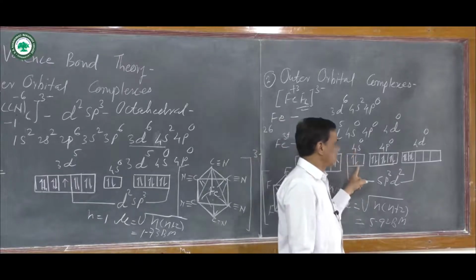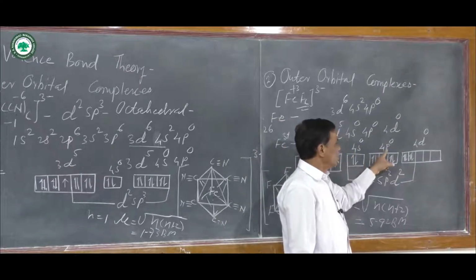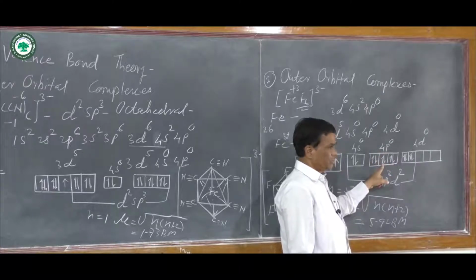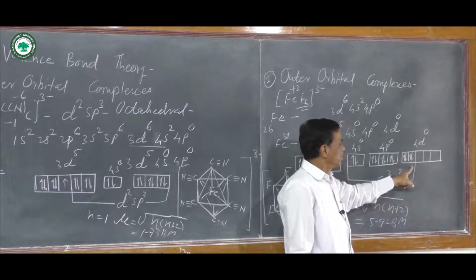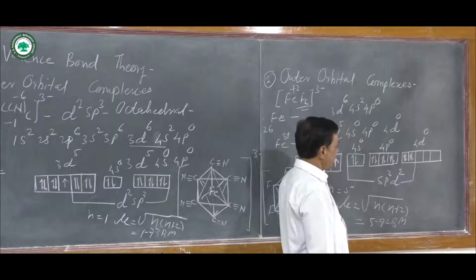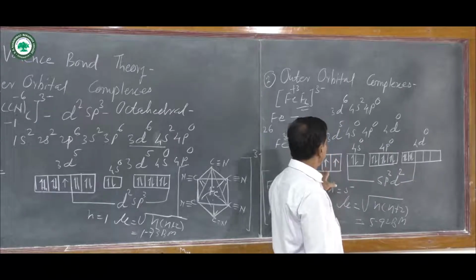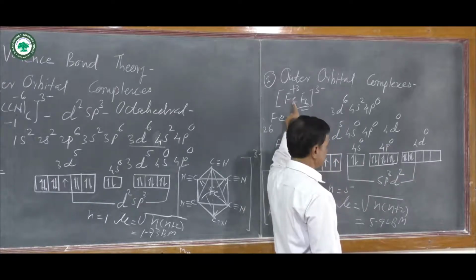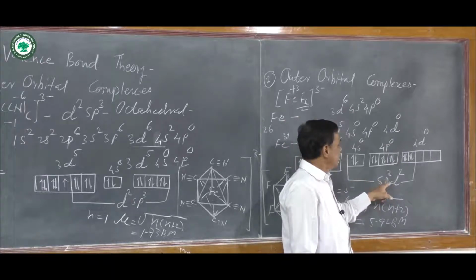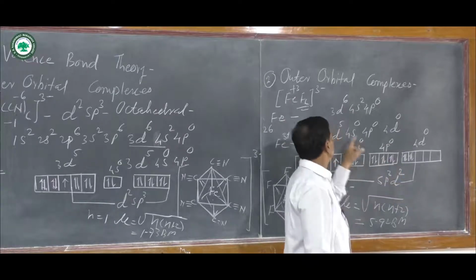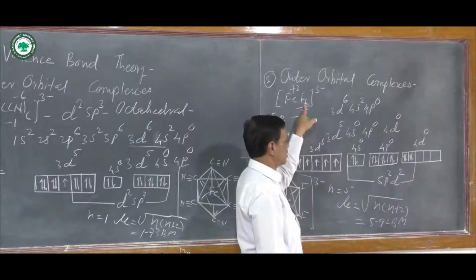Then the 4s orbital contains 2 electrons from the ligands, 4p from again the 6 fluoride ligands, and two 4d orbitals take 4 electrons from the fluoride ligands. There is overlapping of the Fe3+ empty orbitals, and first hybrid orbitals sp3d2 are formed, and then there is a filling of those 12 electrons.